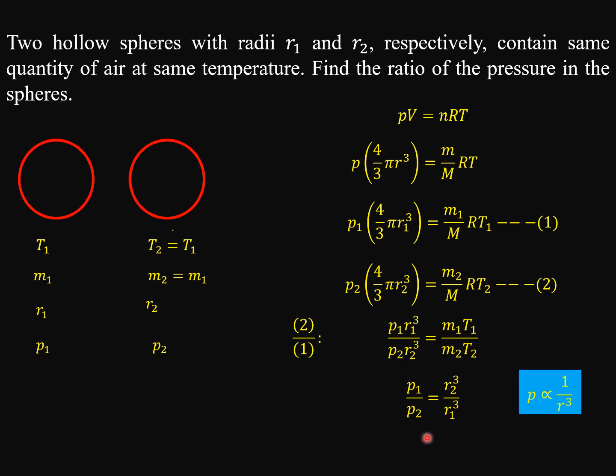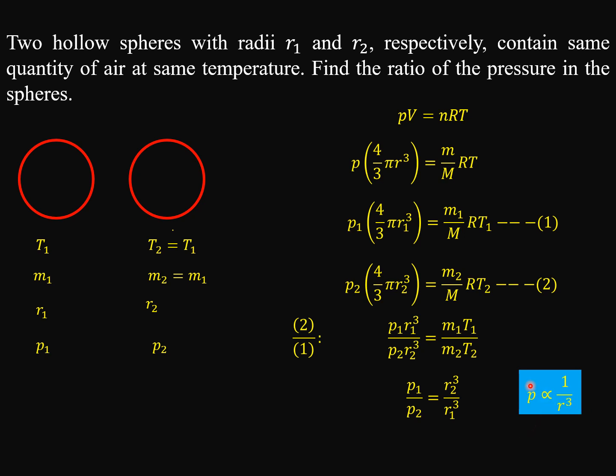From the result we obtain, we can see that the pressure of the gas is inversely proportional to R cubed, the radius of the sphere. So if you want a higher pressure of gas in the sphere, then we have to prepare a sphere which has a smaller radius.